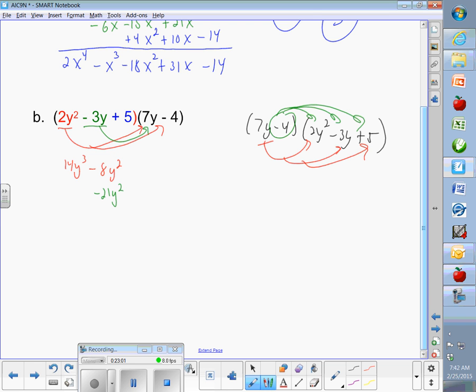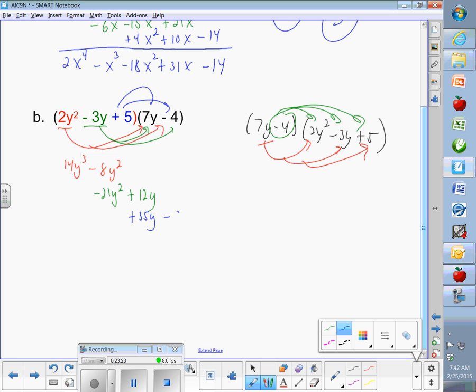Notice I'm putting it in the y squared column. Negative 3y times a negative 4. Be careful. Negative 3 times negative 4, positive 12 times the y. Last distribution in blue. 5 times a 7y. 5 times 7y is a 35y in the y column. 5 times a negative 4, negative 20.